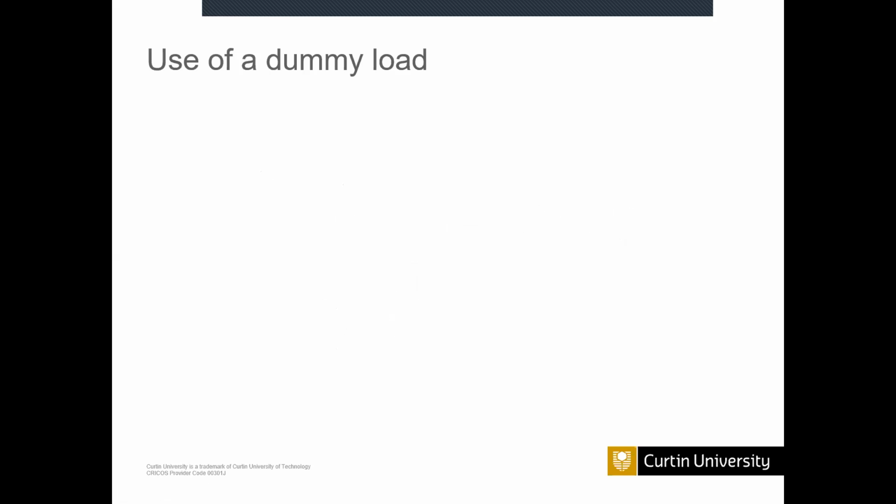Use of dummy load. I told you that you should know where to use a dummy load. Okay, so don't use it if it is unnecessary. If it is necessary, you should use a dummy load.